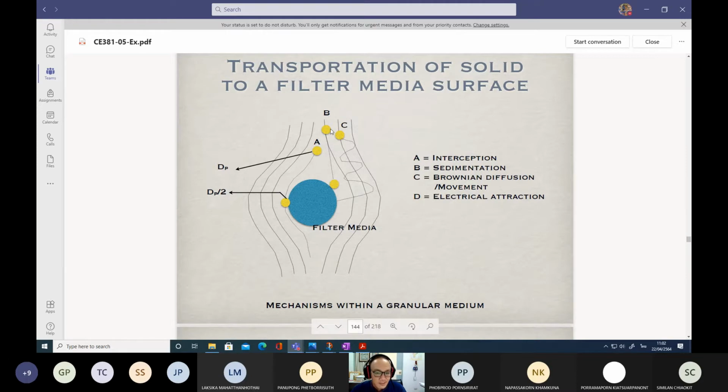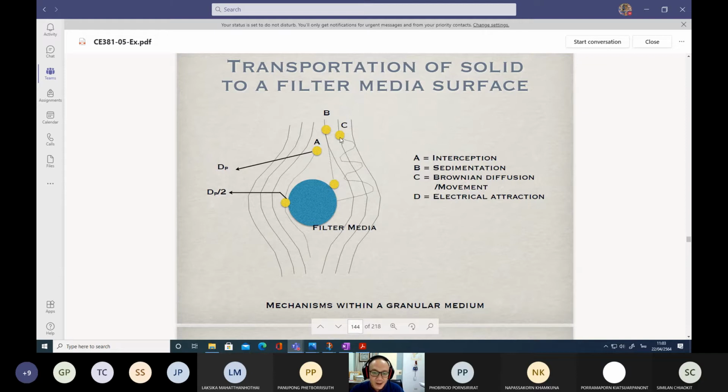For sedimentation, especially for those with heavier or larger density, particles could actually move not along with the streamlines of the water.